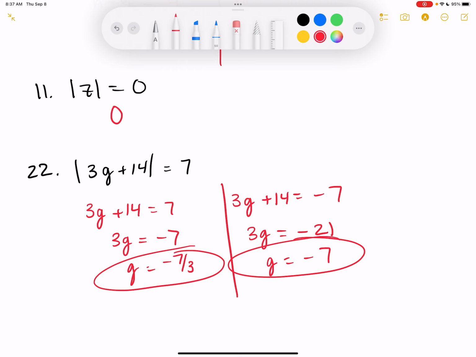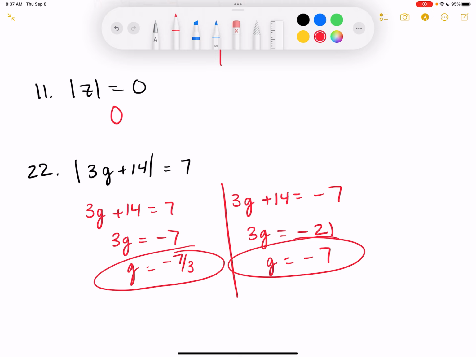the next ones say to solve the equation and check for extraneous solutions. Now, did I mention extraneous solutions in the notes at all? I know you did, but I think I forgot. Okay. So extraneous solutions are basically when you run all the numbers and it comes out and tells you that it's a solution, but if you were to actually plug it back into the equation, it would give you a false statement.